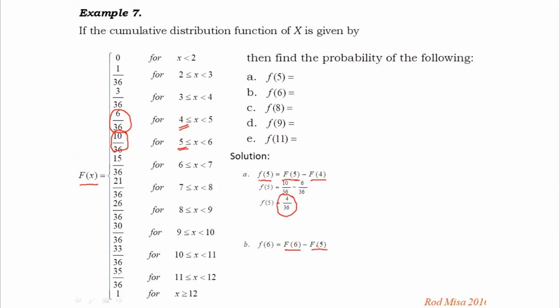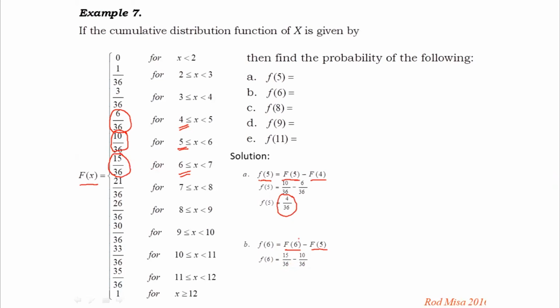So therefore, the probability of the random variable whose value is 6 is equal to 15 over 36 minus 10 over 36. And how did I get the value of 15 over 36? We just locate it here in the cumulative distribution function. When the random variable is 6, the cumulative distribution function value is 15 over 36.